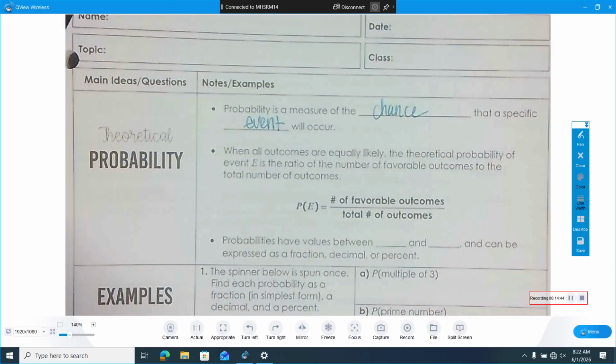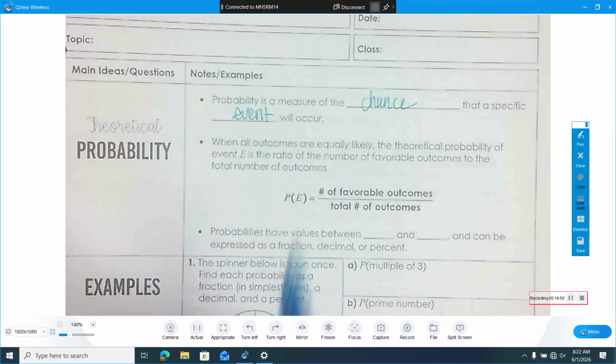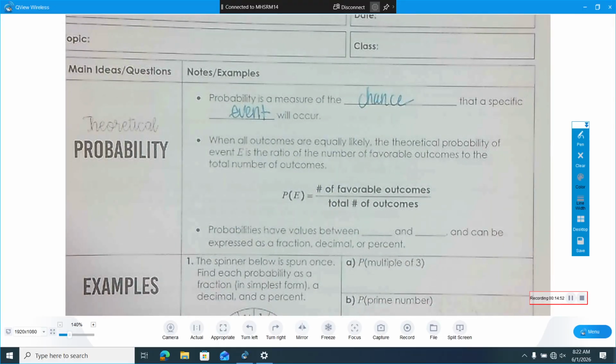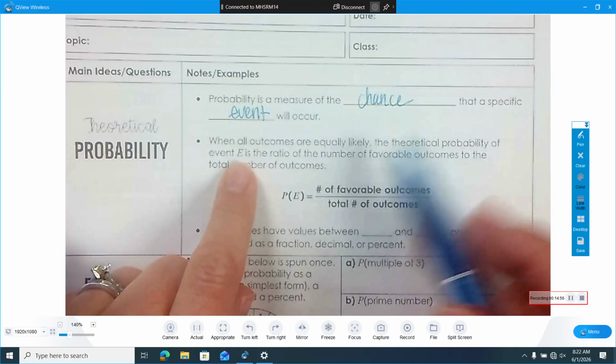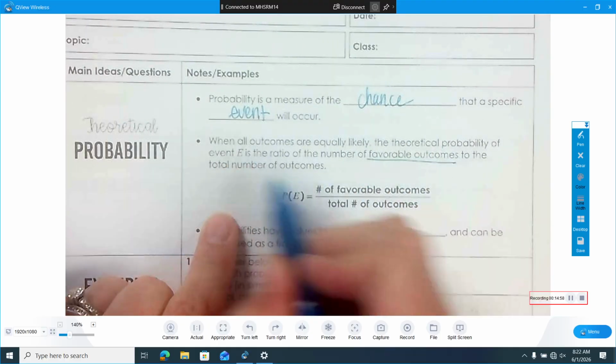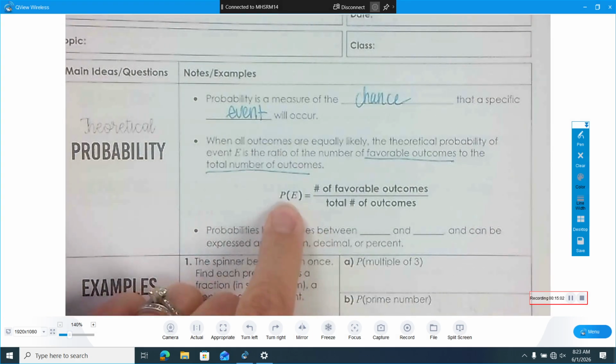Not every event, but one that we want. All right? And so when all the outcomes are equally likely, the theoretical probability of an event E is the ratio of favorable outcomes to the total number of outcomes. And that's what this says. We use this notation, P of E. This is the probability of a certain event.